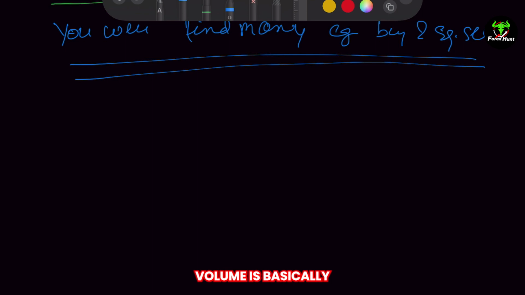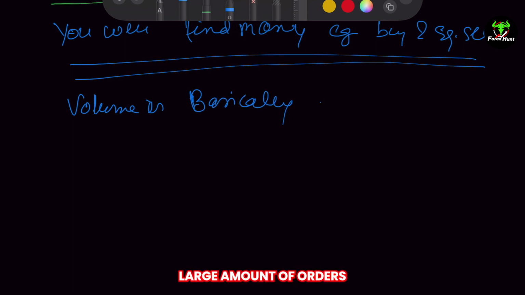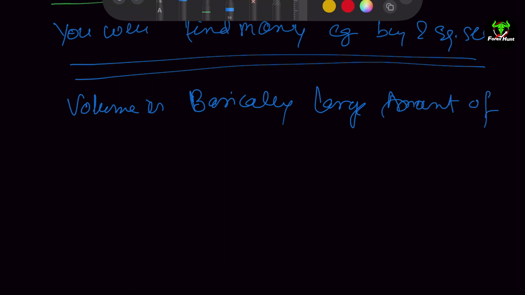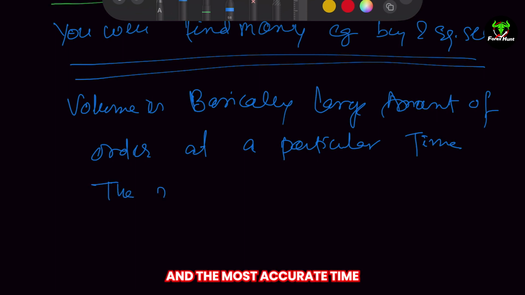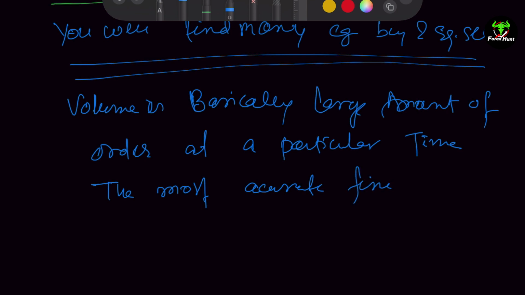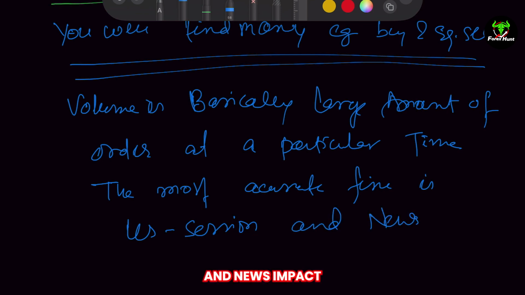Volume is basically a large amount of orders at a particular time, and the most accurate time is the US session and news impact.